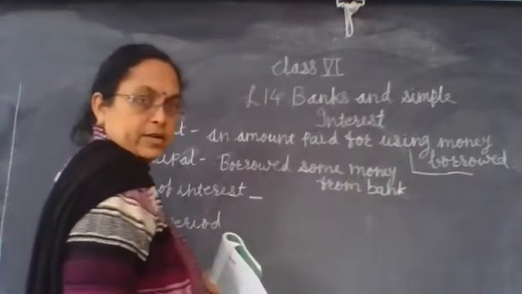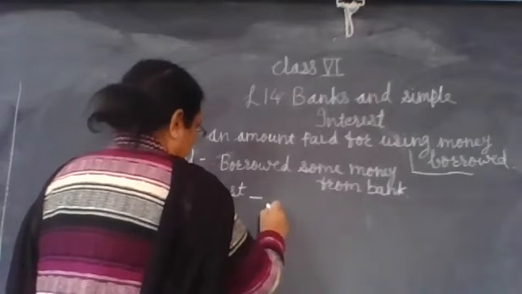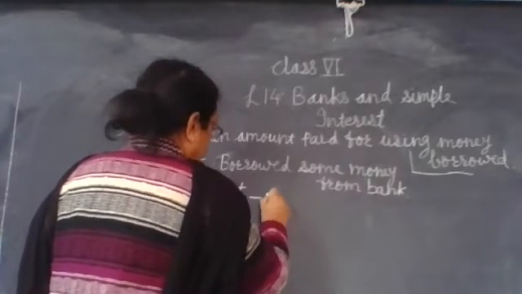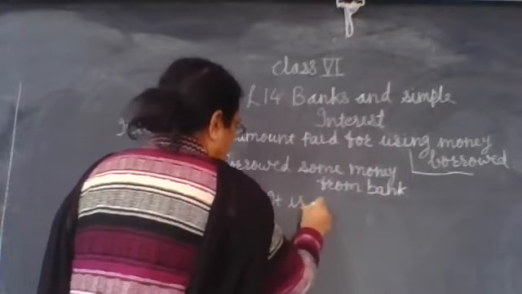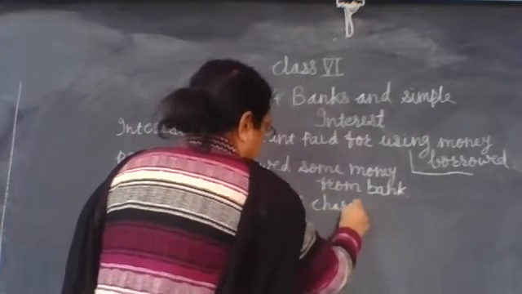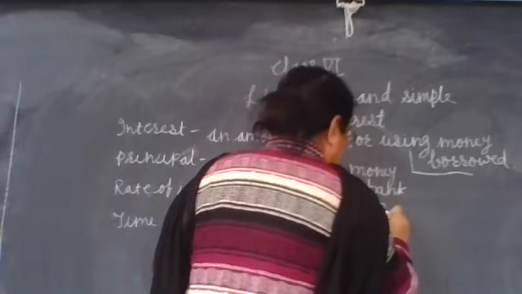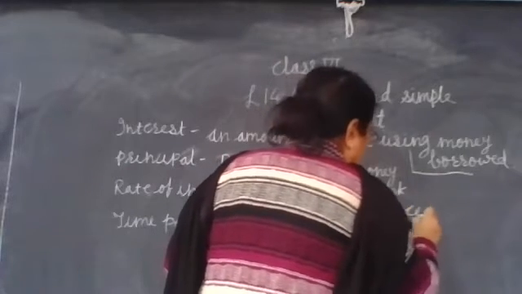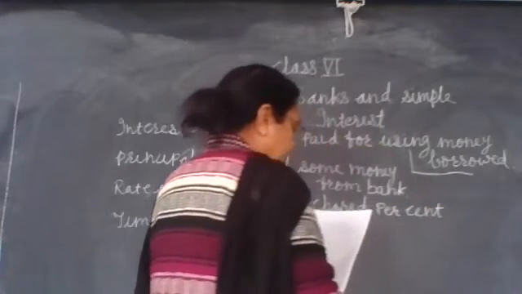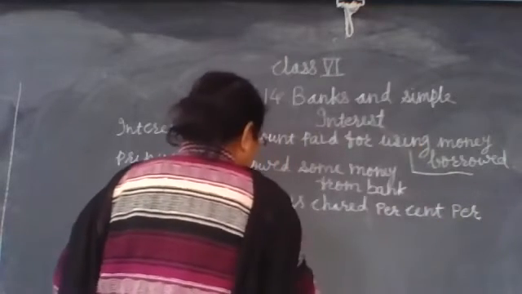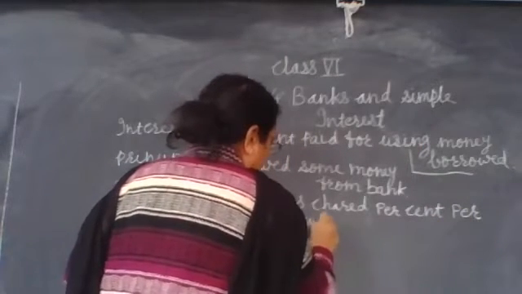And rate of interest means it is charged per cent per annum. Per cent means per 100 rupees, and per annum means per year.